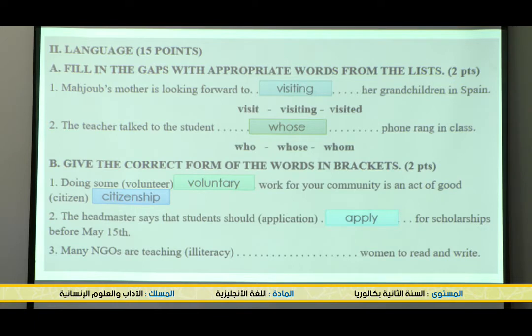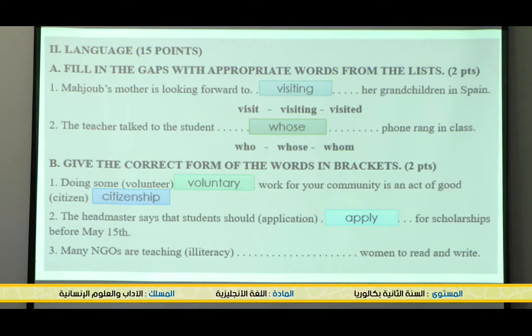Many NGOs are teaching illiteracy gap women to read and write. So what we need here, again, I want you to look at women. Women is a noun, so we need an adjective to describe these women.